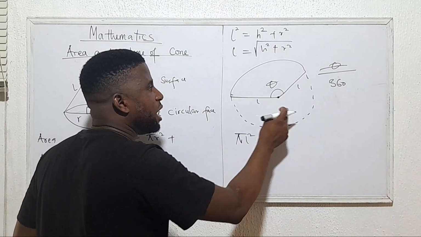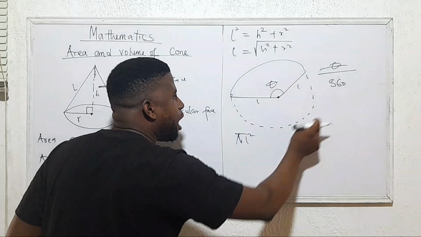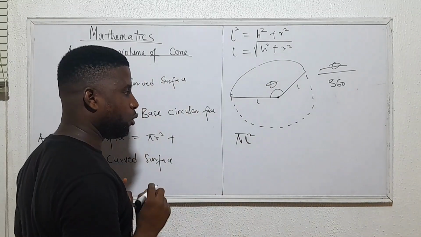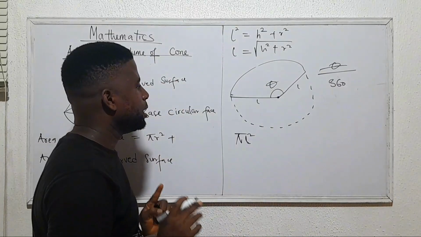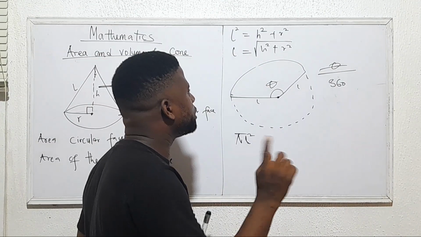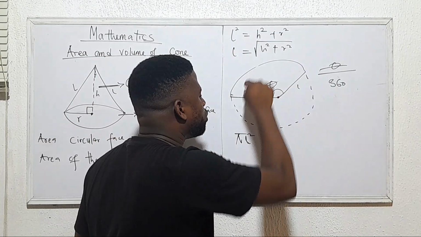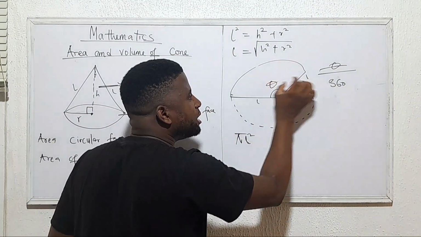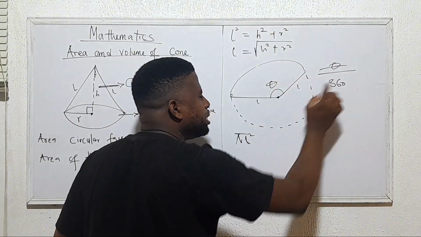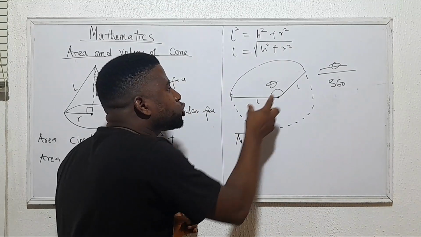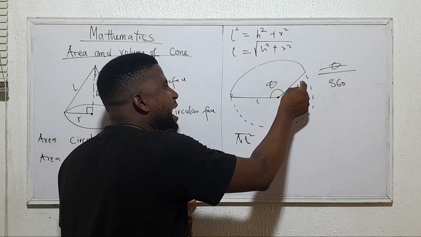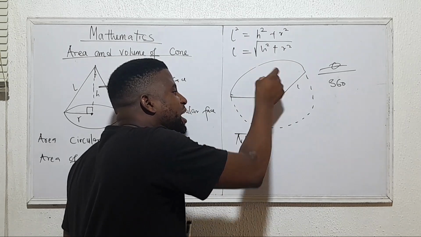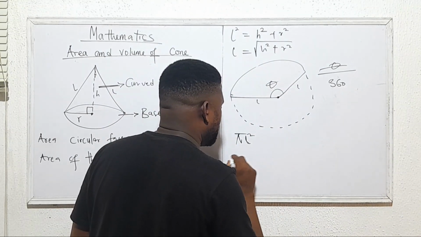So we have the full area of this circle is pi L square, right? Which means that if the full area of the circle is pi L square and the portion of the arc is theta over 360, it means that the portion of the area of the arc, which is our curved surface area, will equal to what?